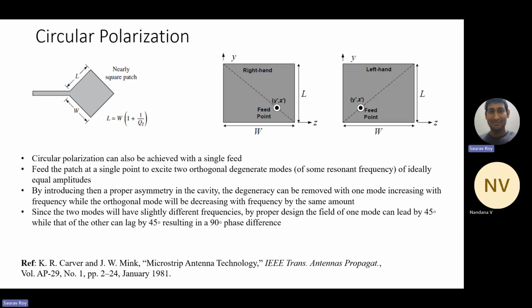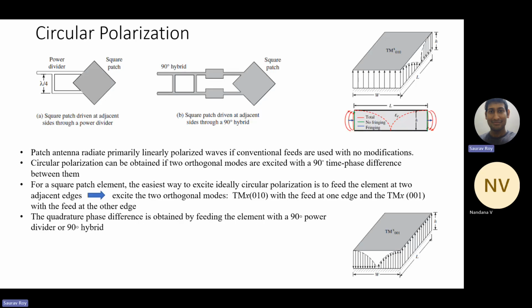The main concept is that you have to excite two different orthogonal modes. So people have looked into different ways. Instead of feeding at the center points of two different adjacent sides, as in the previous case, they feed at the corner itself, or diagonal corner.